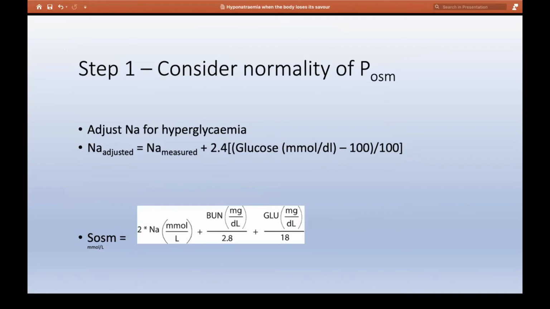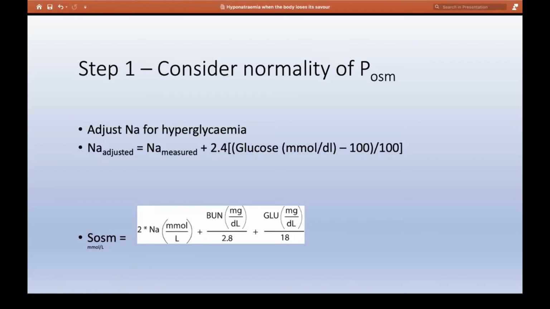So how do you set about evaluating? First and foremost, look out for the normality of osmolality. Always at the back of your minds, check the sugar levels. Adjust the sodium for hyperglycemia. You get this equation, which you can get in your phones. There are calculators which are useful. You can easily download them, where you put in the measured sodium and the glucose level, and you get the adjusted sodium to find out whether the patient really is having a pseudohyponatremia or not.